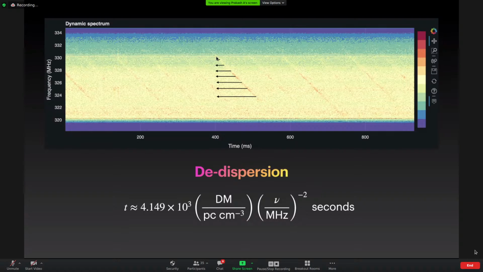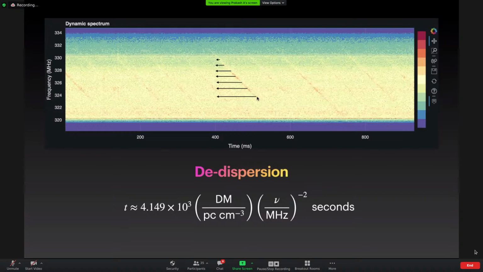So you can pick a high enough frequency in the band itself, and then for a given, approximately calculated DM, calculate the expected delay at lower frequencies.